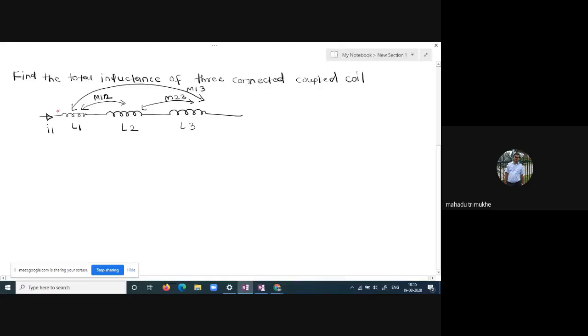Here first dot, here second dot, here third dot.